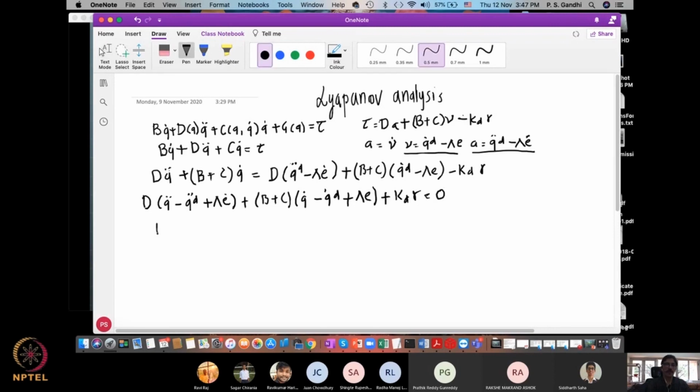Now I can write this in terms of the error e double dot. Remember e is defined as q minus qd, so e double dot and its derivatives follow accordingly.